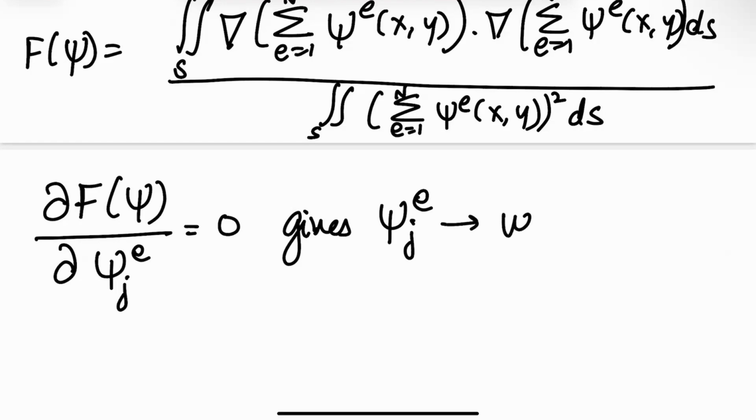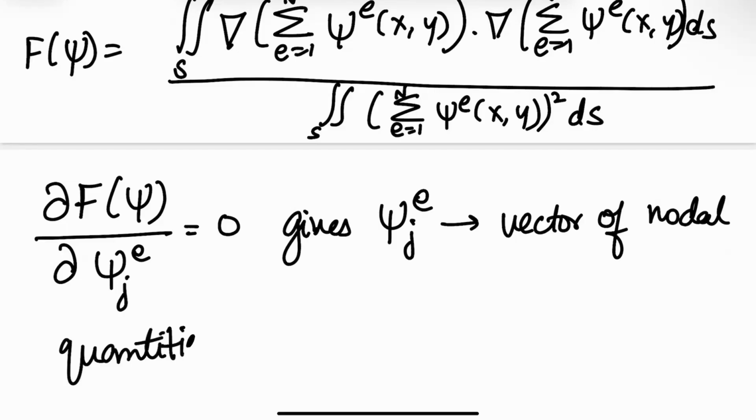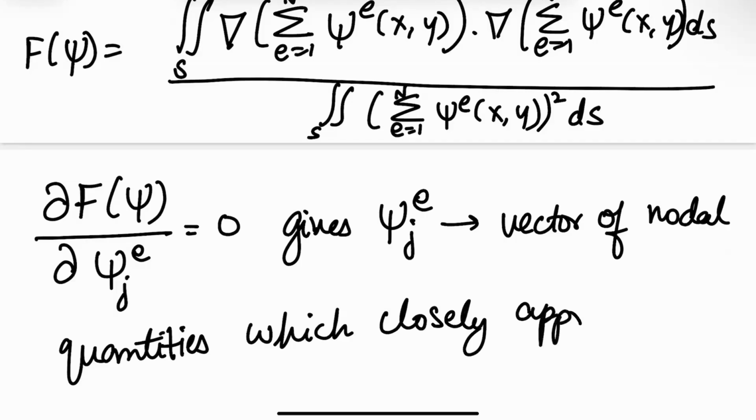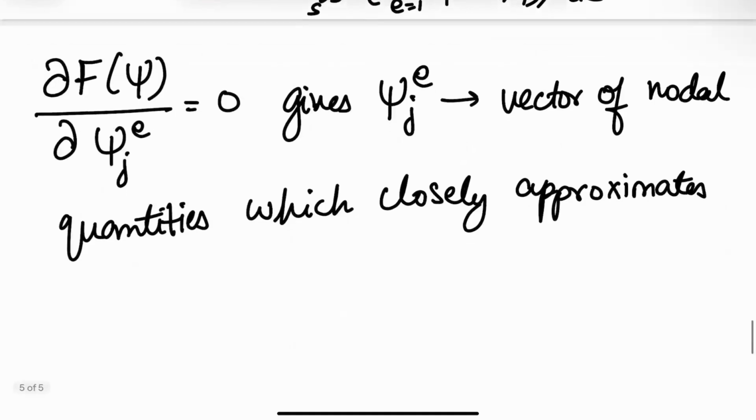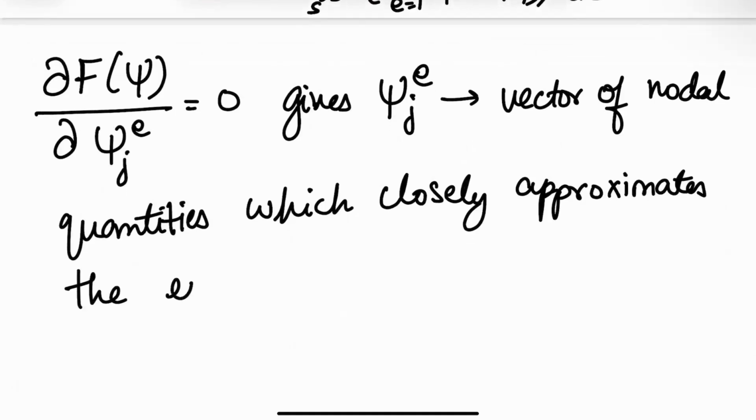So this is the vector of elements or the vector of nodal quantities, which closely approximates the eigenfunction, right? That satisfies the wave equation.